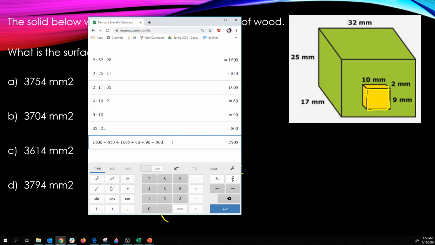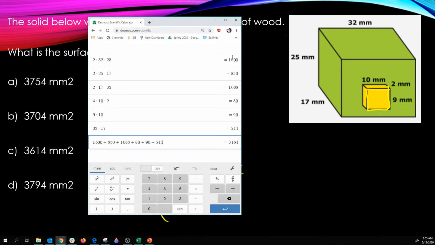And we have 2 times 17, 32. So it is the 17. This edge here would be 17, and then we have the 32. So that was my fault. I was looking at it in a weird way.